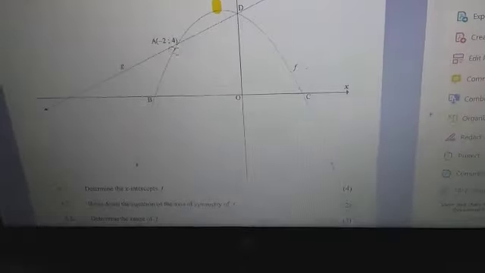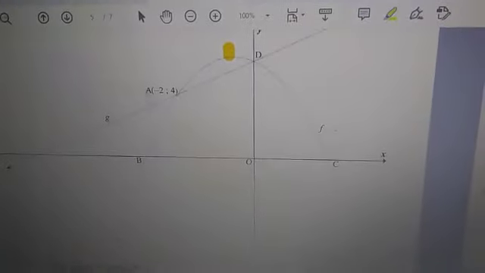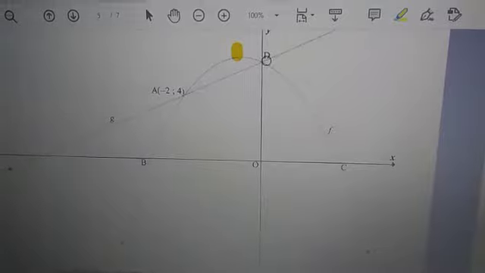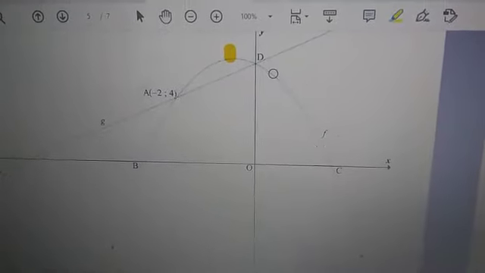I think that one is easy. I don't have to explain much. This is because A is on f of x here, and D is on f again.